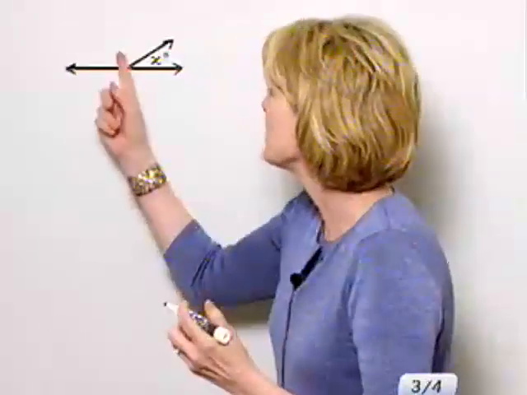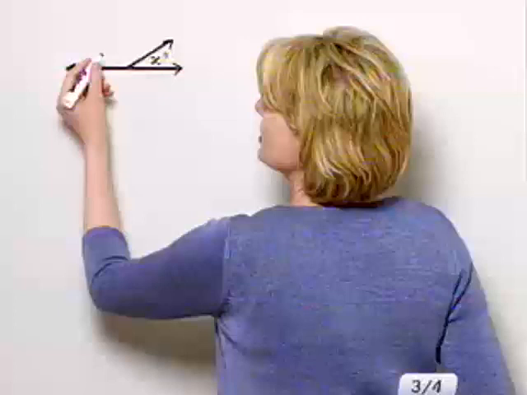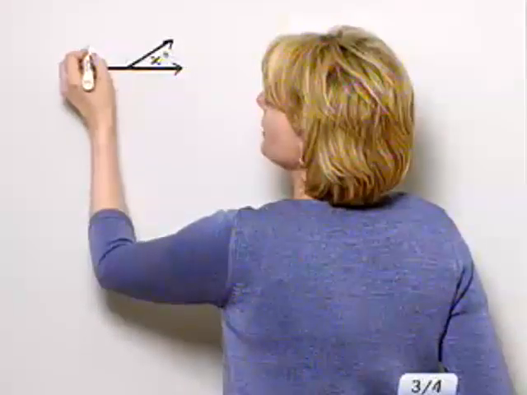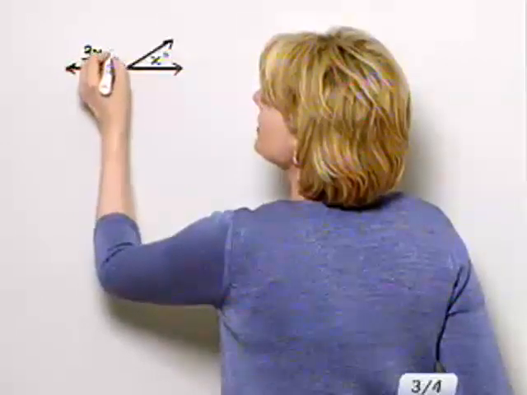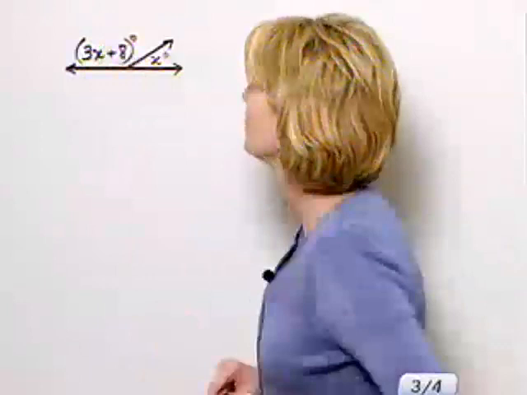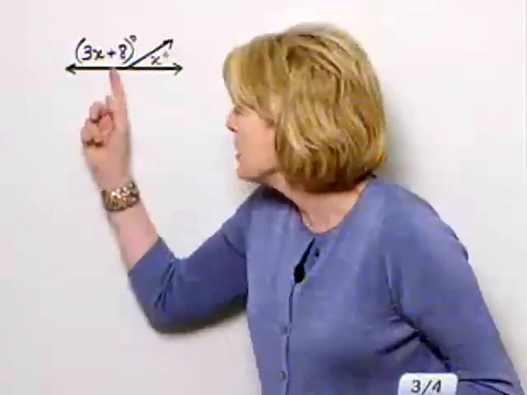So let's represent that, and I'll write it right here. 8 degrees more than 3 times the measure of the smaller angle. So 3 times the measure of the smaller angle is 3x, and then 8 degrees more, I will add that. So here is how we can represent the degree measure of the larger angle.